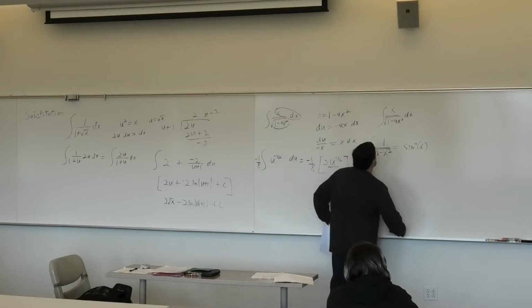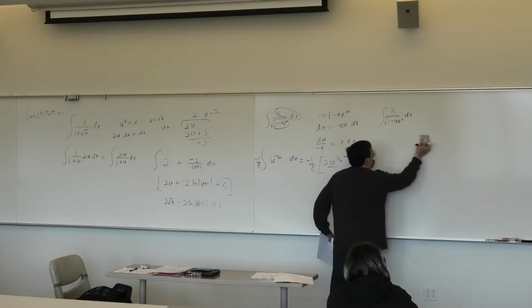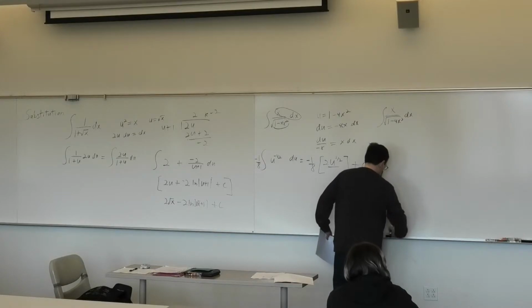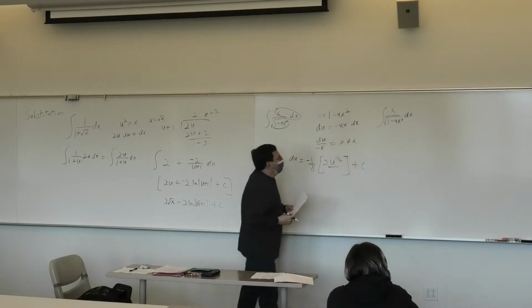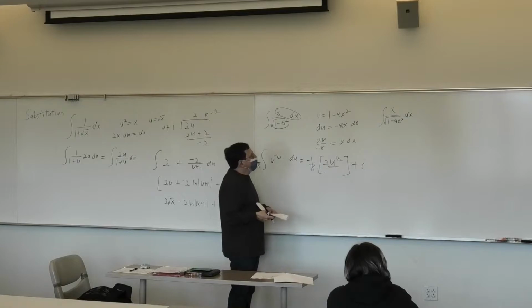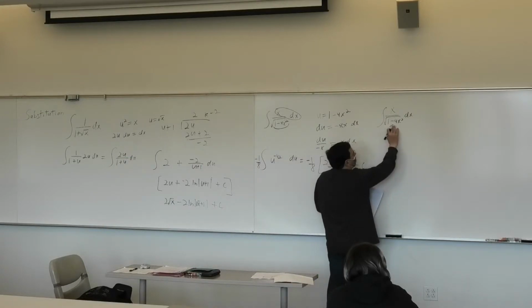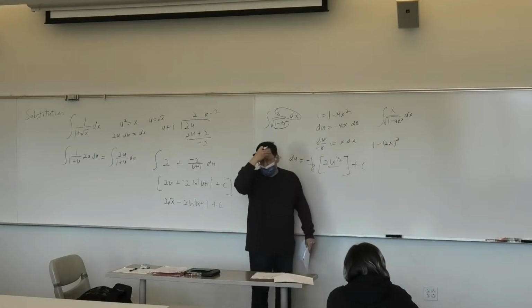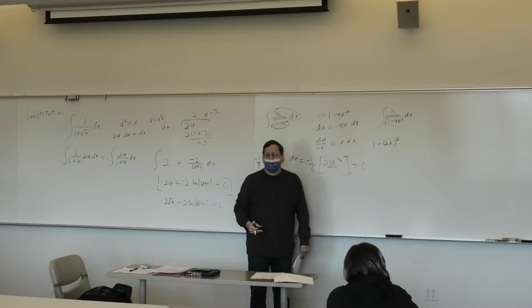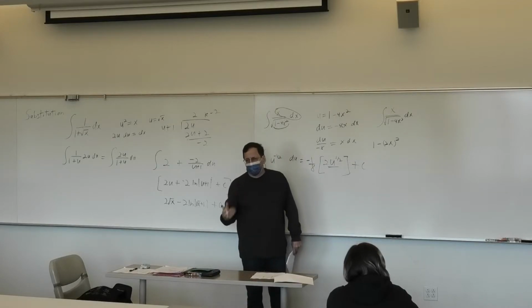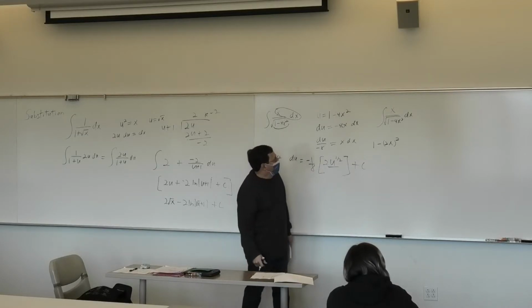So, thinking about that, all right, what can I do along the lines of trig functions? Well, 1 minus 4x squared. That should ring a bell, make you think of the Pythagorean identity, kind of in reverse.